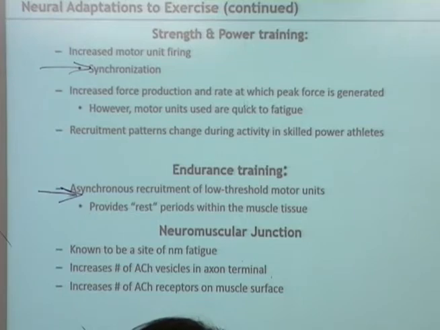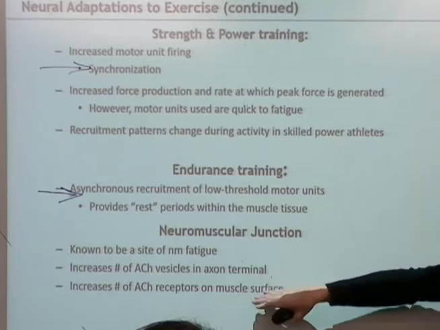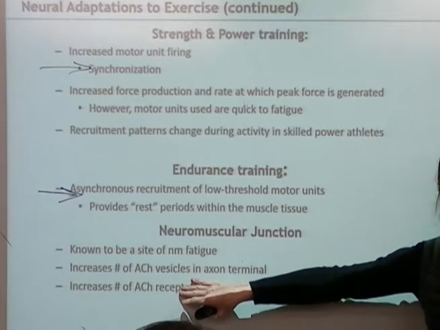So we have more acetylcholine available at the end of the motor nerve. And then, because having the acetylcholine doesn't help us if it can't attach to the muscle fiber, the other adaptation at the junction is that on the muscle surface we see more receptor sites develop.